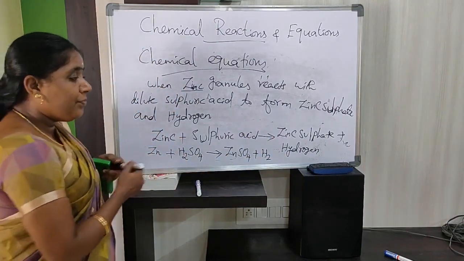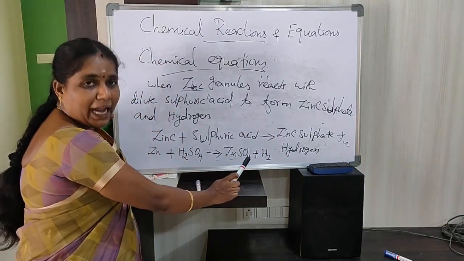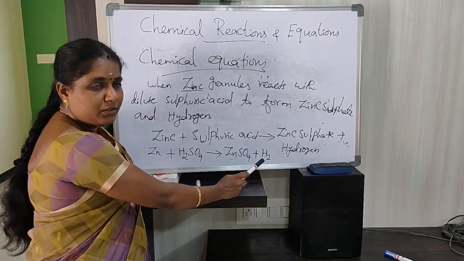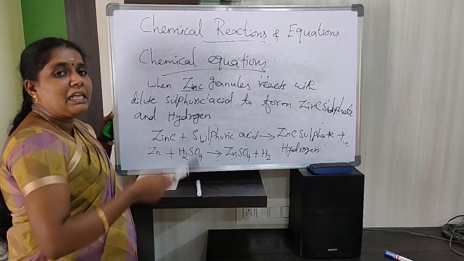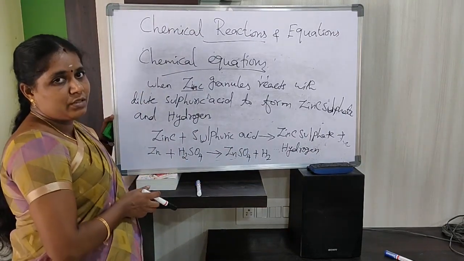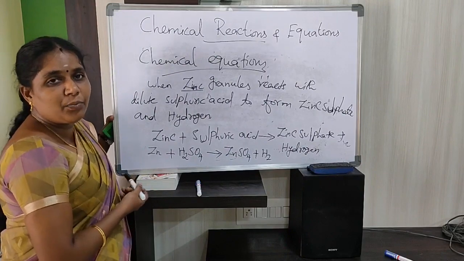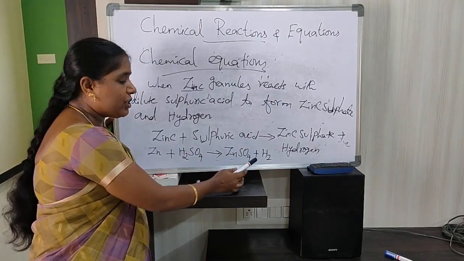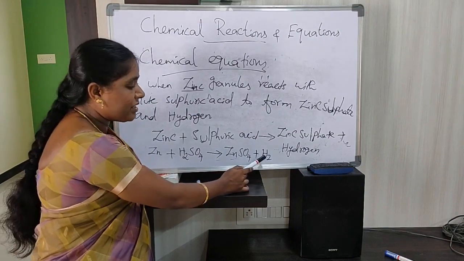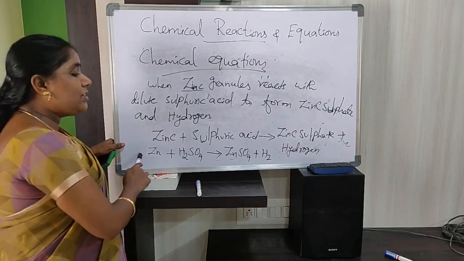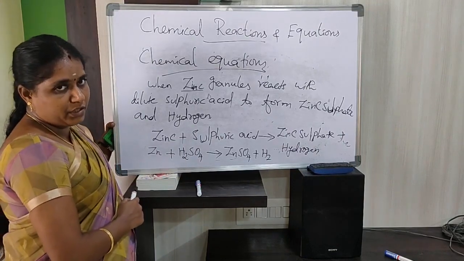Because you know very well that hydrogen, nitrogen, oxygen, chlorine, bromine, iodine, fluorine, these we need to represent in the equation in the form of diatomic molecules, isn't it? Already we have learned about this in your 9th standard. So hydrogen, the symbol is H, but in the equation you have to mention it as H2. Okay, is it right? Yes. So this is a chemical equation.